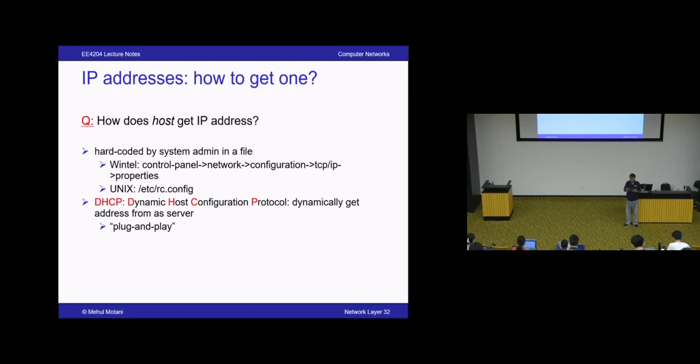The idea is that a device comes to a network and says, hi, I want to join your network. Maybe there's some authentication. But once that's done, the network assigns that device an IP address. Okay, and that's DHCP.